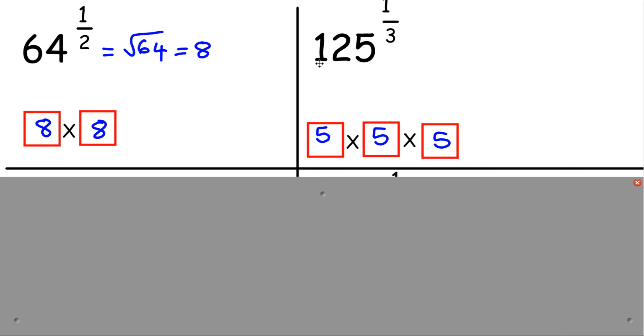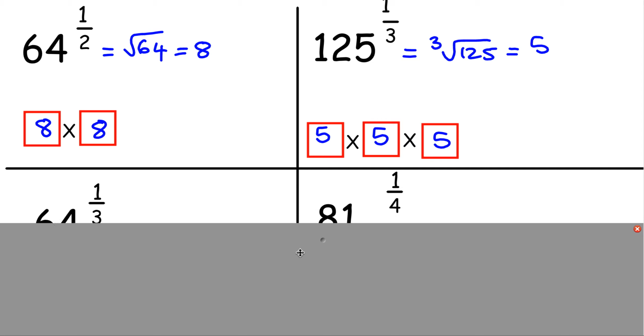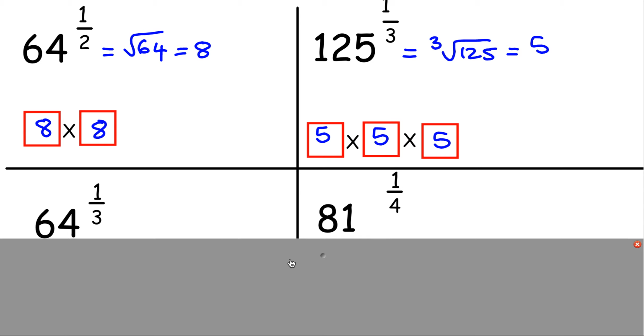Now looking back, 125 to the power of a third is the same as saying cube root 125, which equals 5. We've got that answer from one of the boxes. Now you should have a go. You can pause the video or just continue to watch it.